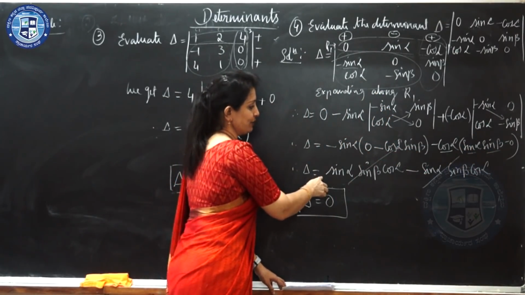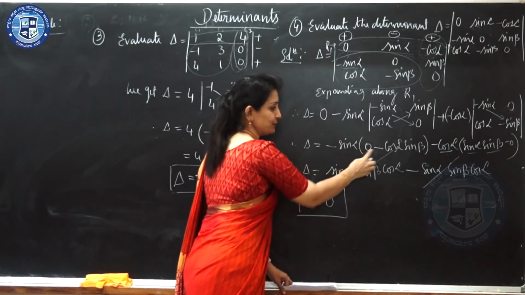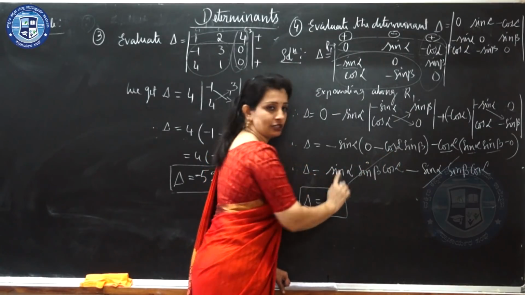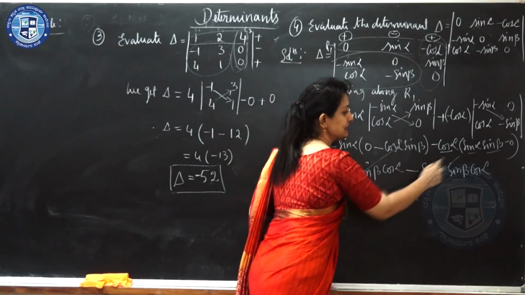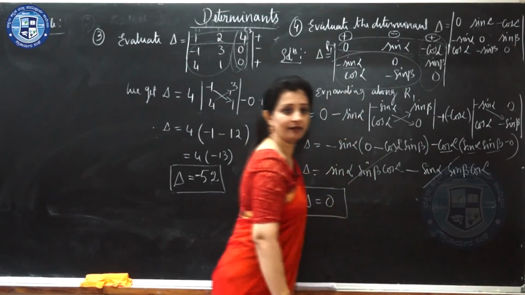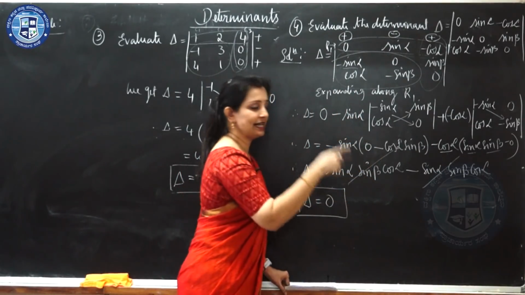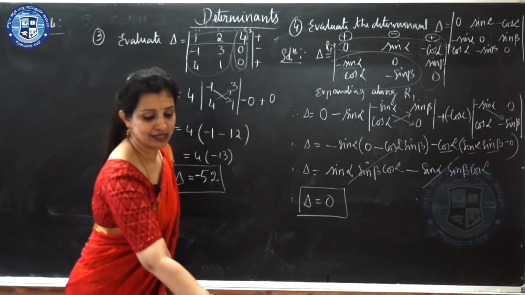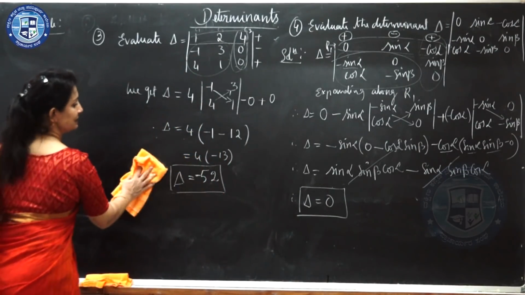So the delta is equal to, this is positive, minus of minus, plus sin alpha sin beta cos alpha, this is minus sin alpha sin beta cos alpha. So one is positive, other is negative, cancel it, the answer is 0, delta value is 0. Please make a note of this, students.